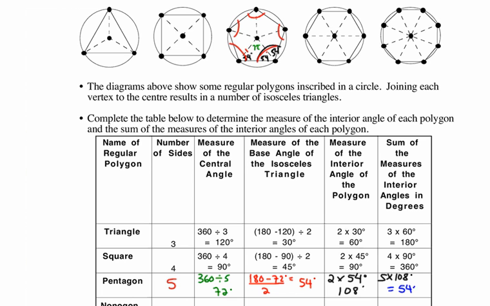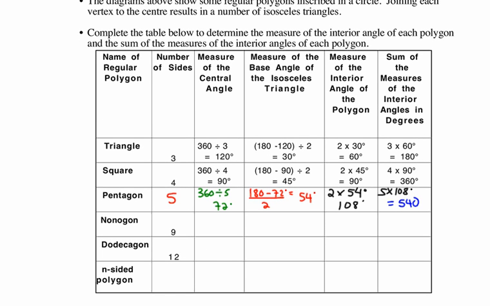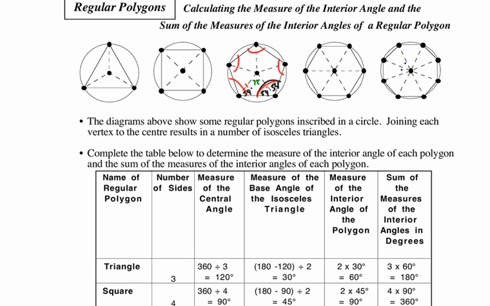Okay, so let's do the general case. We're going to skip the nonagon and dodecagon, so 9 sides, and go to n sides of a polygon. So if we have n sides, and it doesn't matter what n is, we want to figure out, if there are n different triangles, how do we get each angle in here?